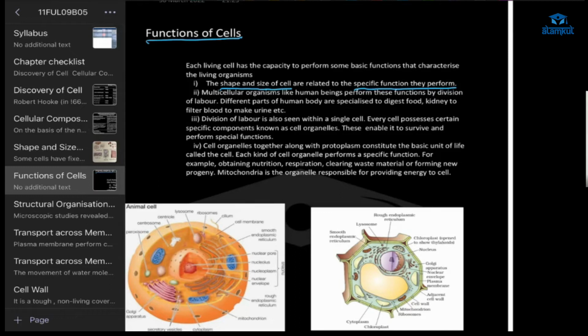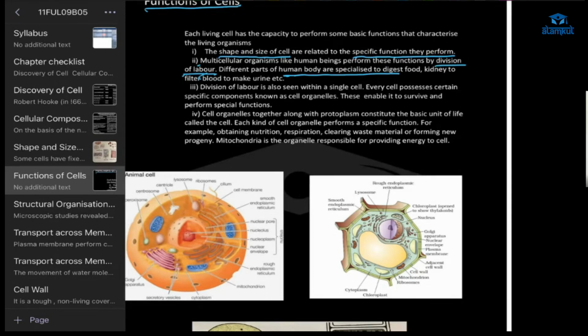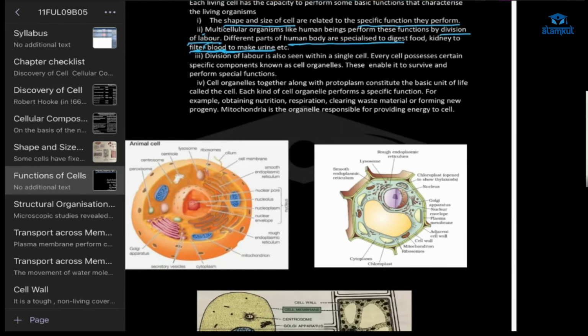Likewise for other cells. In the multicellular organism like human, these functions are performed by division of labor: the digestive system to digest food, then kidney to filter blood to form urine.